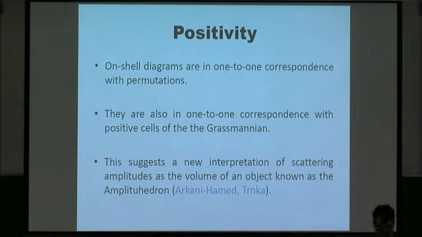One of the interesting aspects of this story, for me, is that one can somehow see the emergence of basic physical principles like locality and unitarity from more primitive geometrical principles like positivity.